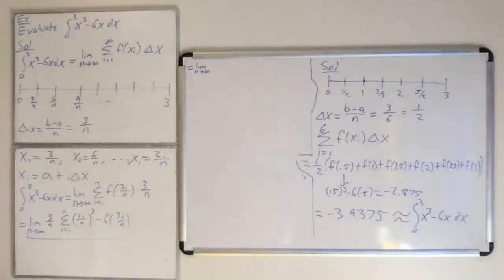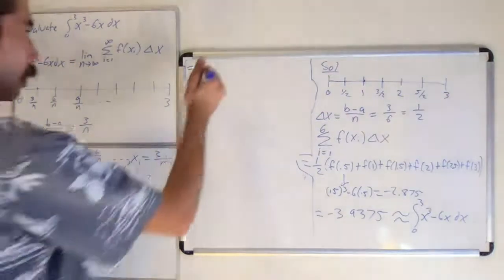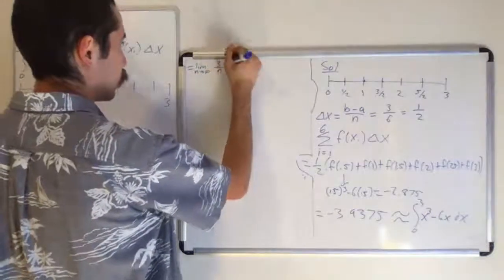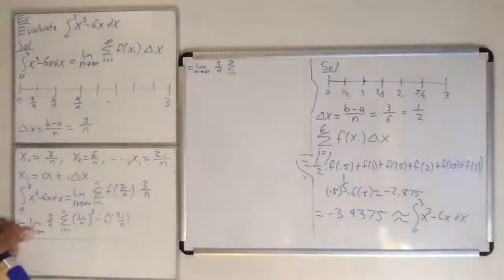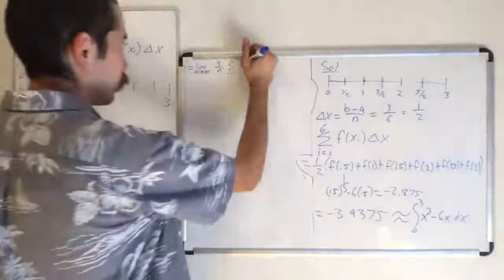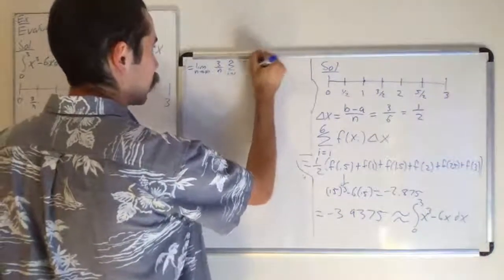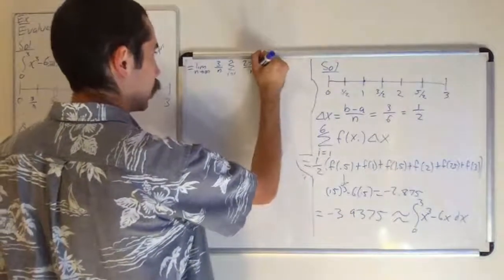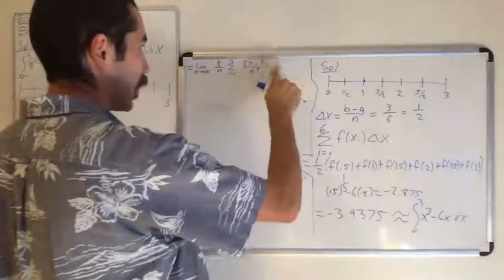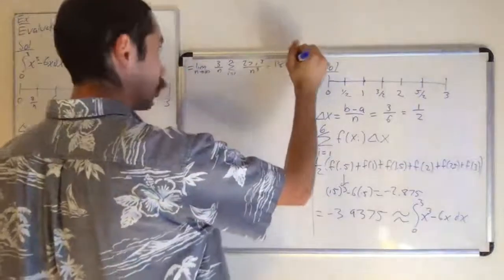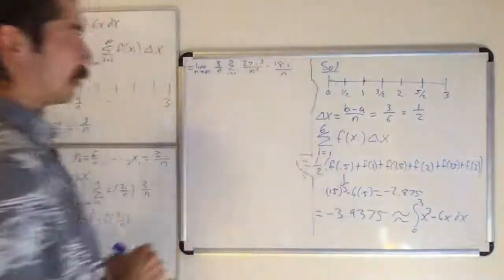Okay, so this is equal to the limit as n goes to infinity. Again, we have a 3 over n, sum from i equals 1 to n. 3i over n to the third is 27 i to the third over n to the third, minus 18i over n.